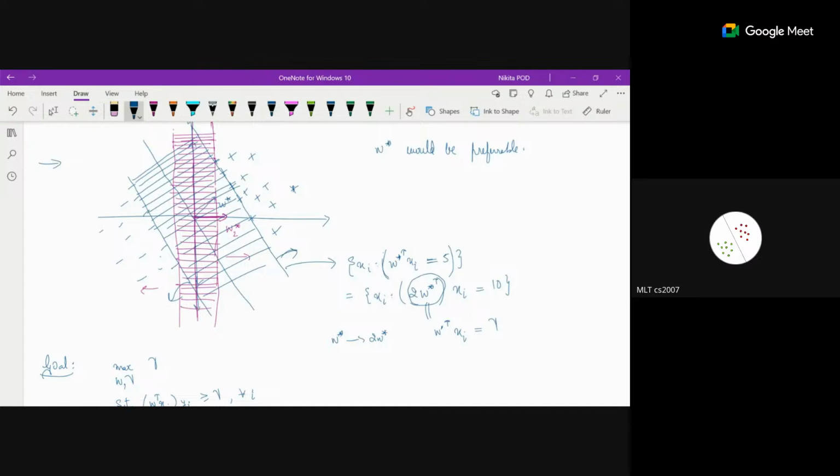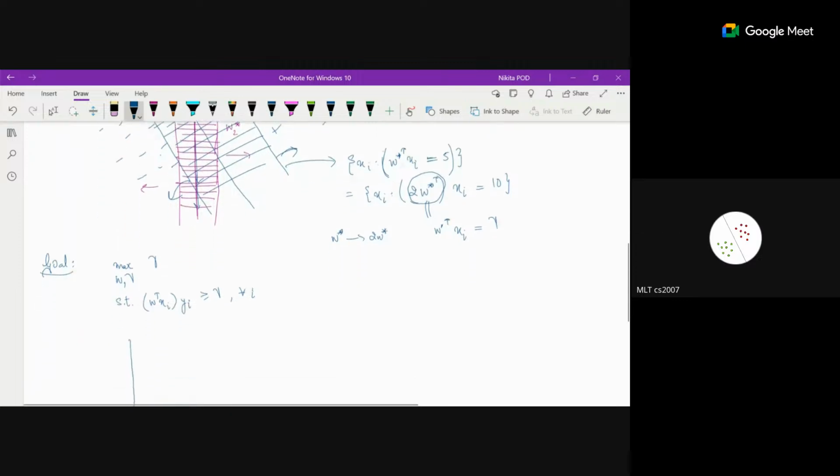So if you change w, your gamma also changes. Let's say we multiply w star by 10, then it will become 50. So your gamma can go to infinity, which is not what we want.